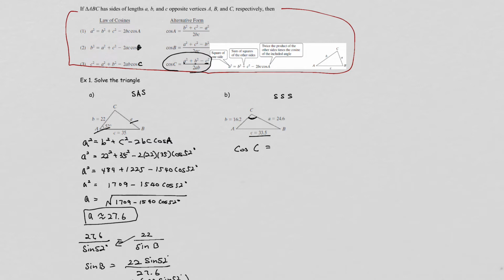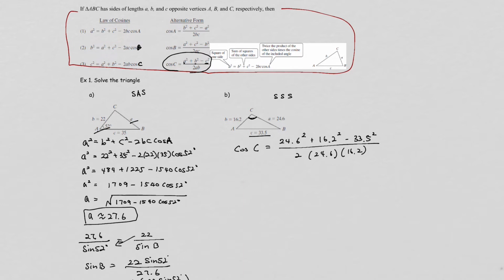When we replace that, it will be 24.6 squared plus 16.2 squared minus 33.5 squared, all over 2 times 24.6 times 16.2.